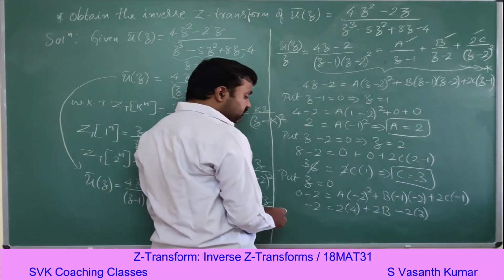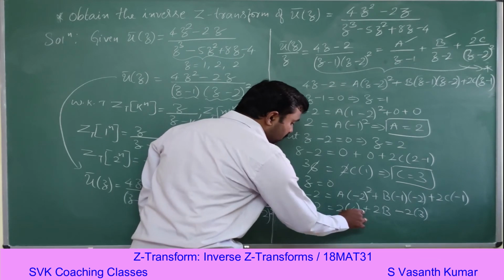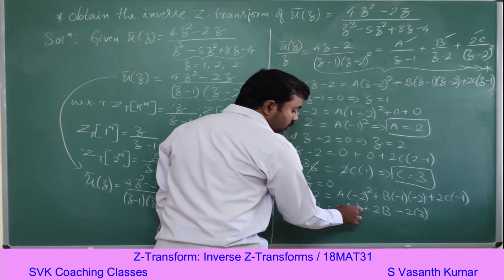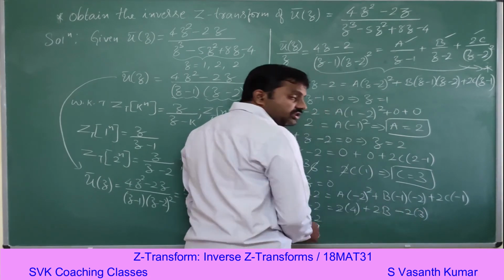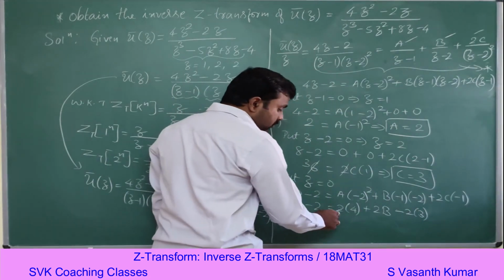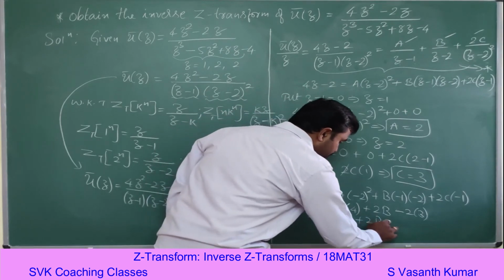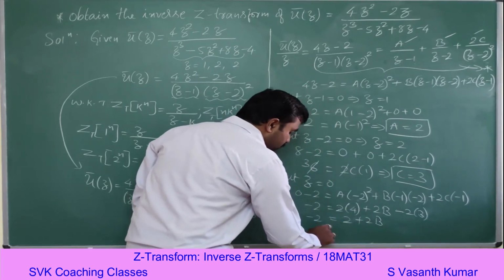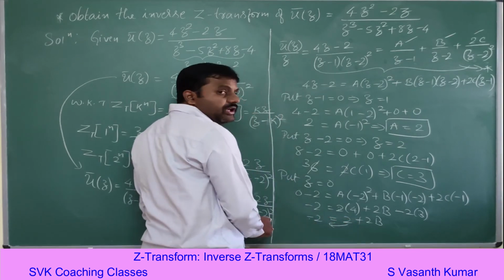So simplifying this, the value of b will be, here 2 4s are 8, here minus 6, you are going to get 8 minus 6. 8 minus 6 is 2, which is equal to 2 plus 2b. So simplifying this, if you shift this term to left hand side, it will be minus 2.